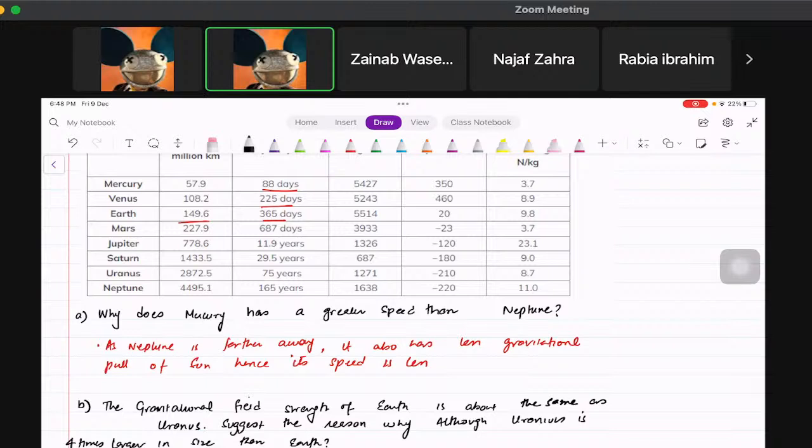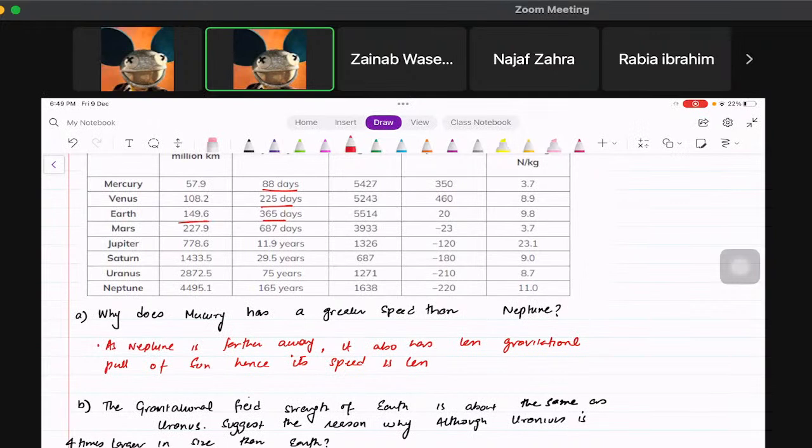Okay. The reason is that you guys need to understand that the gravitational field strength is basically g, right? It is weight per unit mass. You know this. It does not depend on size but on the mass.